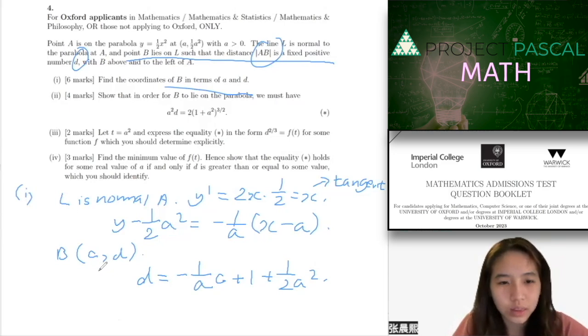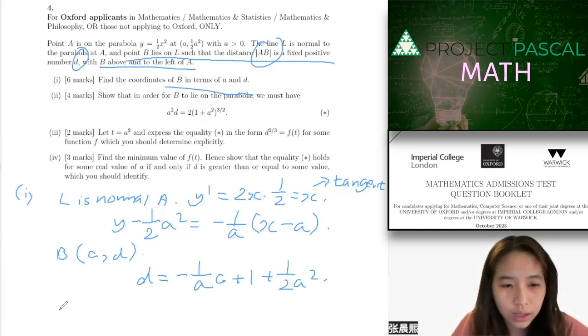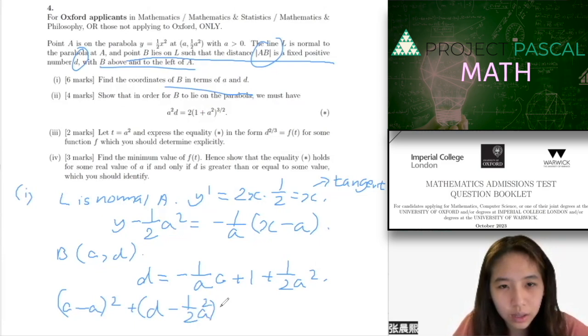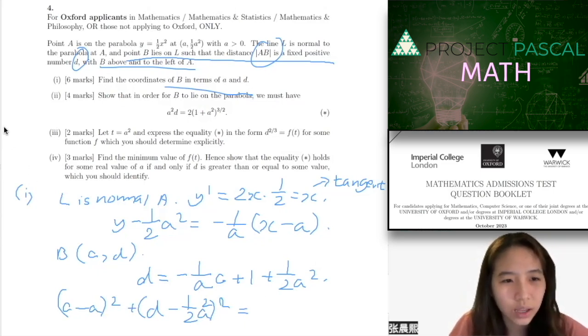AB is a fixed D from here, so you have c minus a squared plus d minus half a squared equals to, no, I shouldn't use D, sorry.